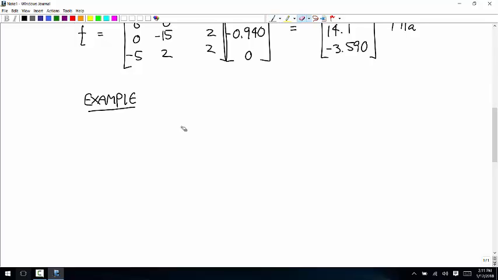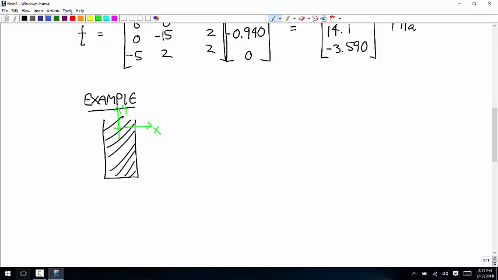So let's say there's the object, and we're going to use that same standard coordinate system orientation.